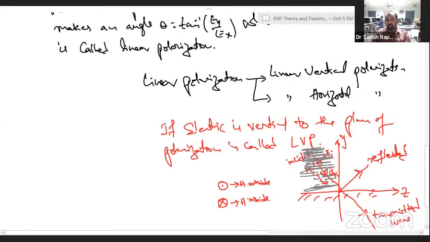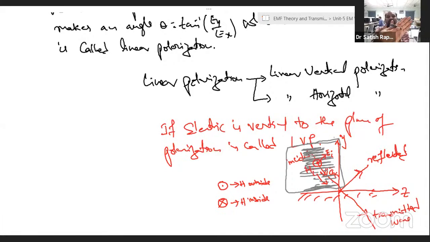This plane is called the plane of polarization, right? The electric field is parallel to this plane. So this is the plane, and this is the electric field. So the electric field is parallel.